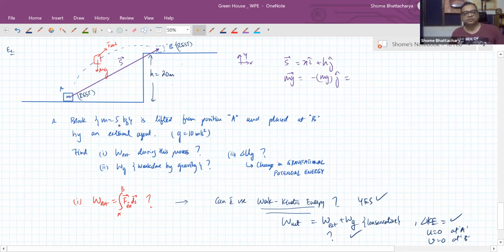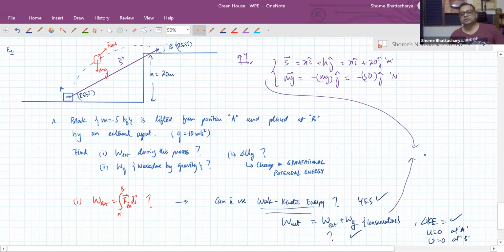So it is a force of minus 50 j cap in newtons, and the displacement is some unknown x i cap plus 20 j cap in meters. So from this I see that the work done by gravity is easy to calculate because it's a conservative force.